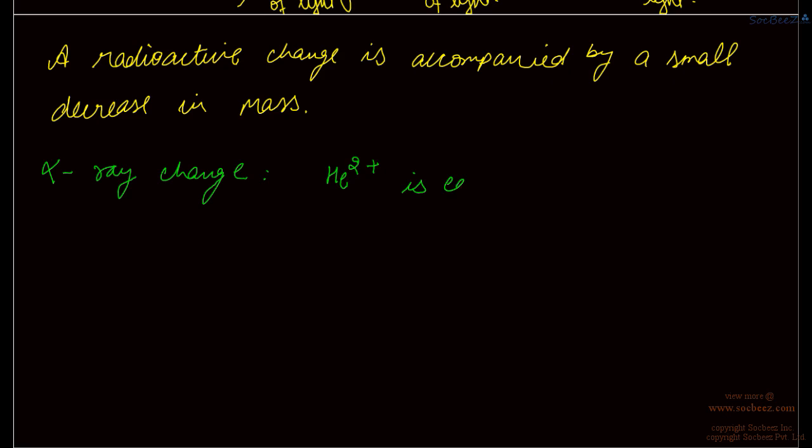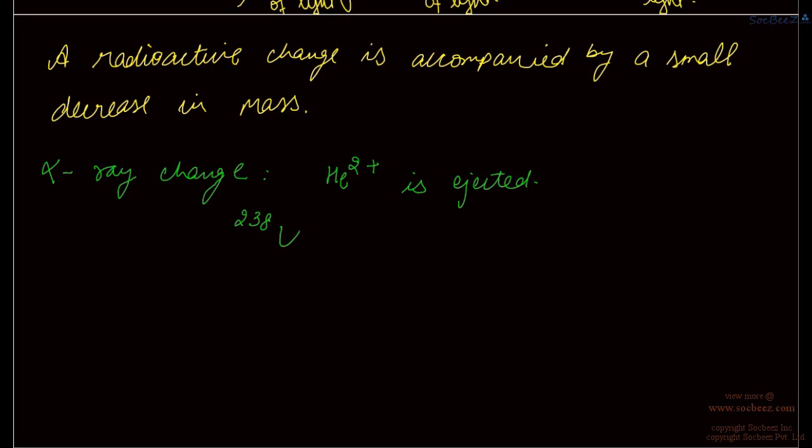So a helium nucleus of mass 4 units and charge plus 2 units is ejected in any alpha change, and the products are known as daughter elements. This means the product will be placed 2 places to the left of the parent element. We can see it through an example.